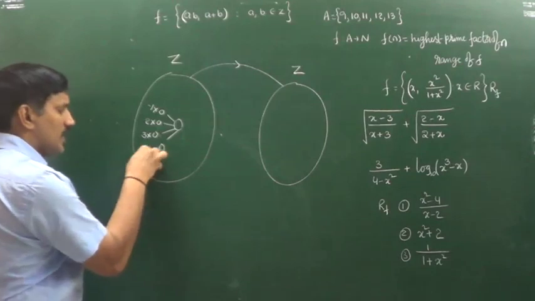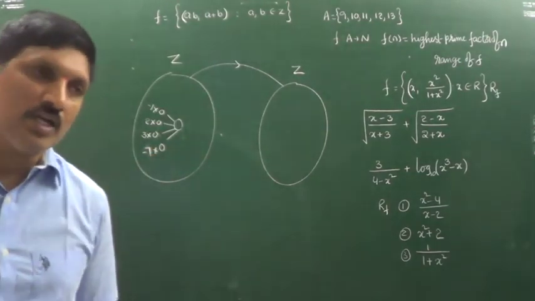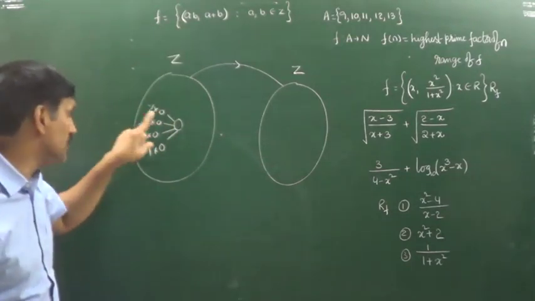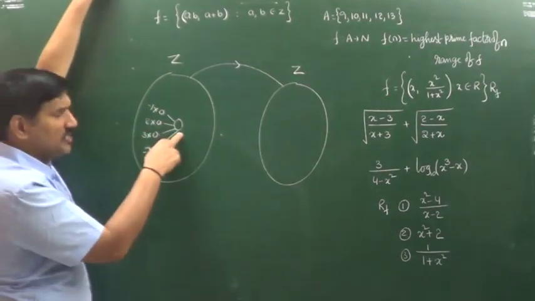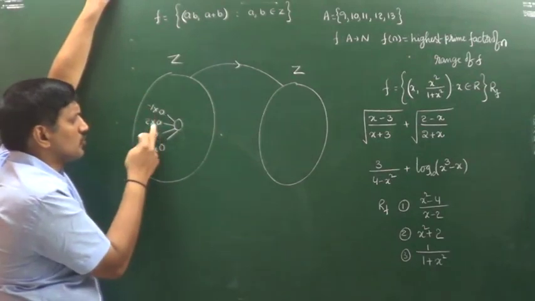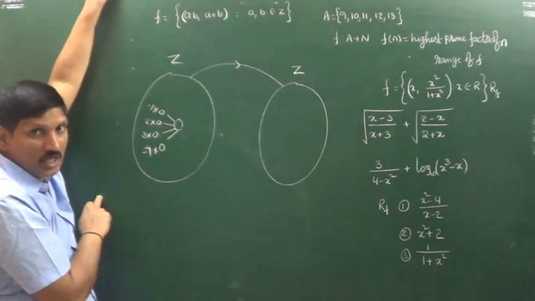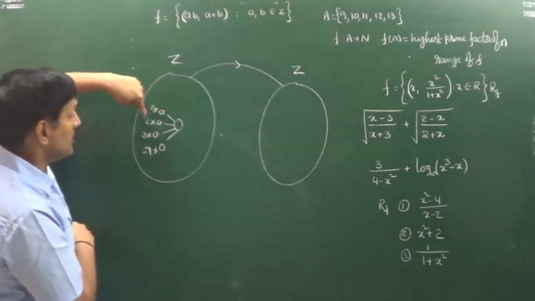That's why we can say minus 7 into 0 also gives 0. Clear or not? In the integers Z, 0 is also present. That 0 is minus 1 into 0 or 2 into 0 or 3 into 0 or minus 7 into 0.